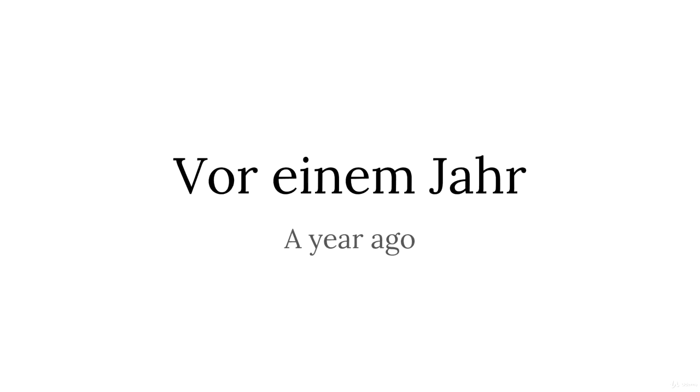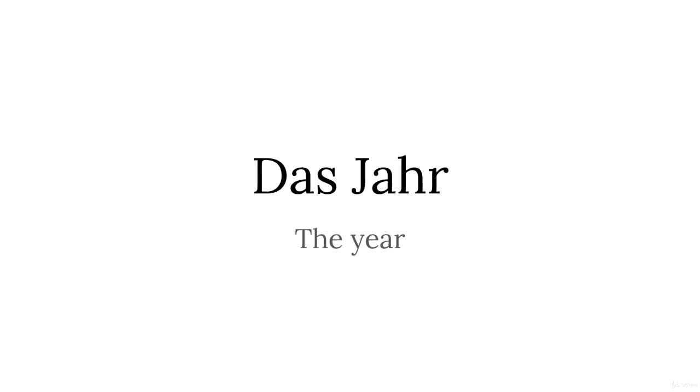A year ago is vor einem Jahr. Again, the word Jahr is not feminine, therefore you say einem. Vor einem Jahr. See?